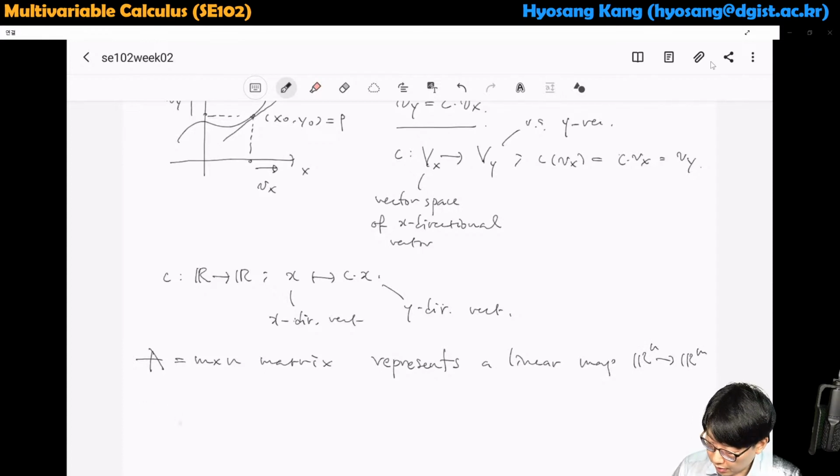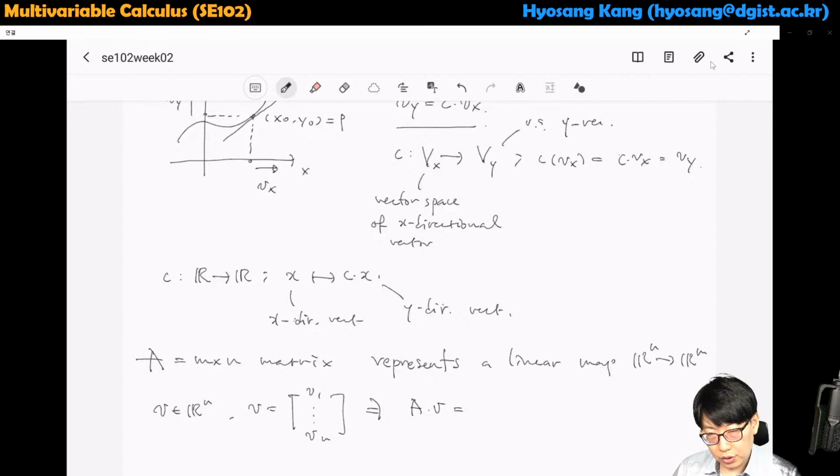Why? Because if I take V inside of Rn, as a column vector of n coordinates, then A times V, which is an M by 1 matrix, can be considered as an element in Rm. So I'm taking these Rn and Rm as vector spaces, not just spaces.